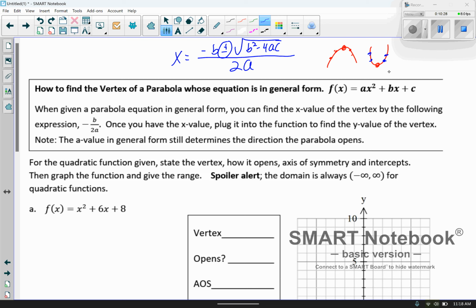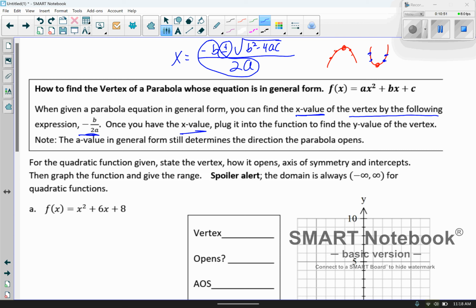So the x value of the vertex is actually just going to be this first part right here, negative b divided by 2a, and I have that written right here. So when given a parabola equation in general form, you can find the x value of the vertex by the following expression, negative b divided by 2a.